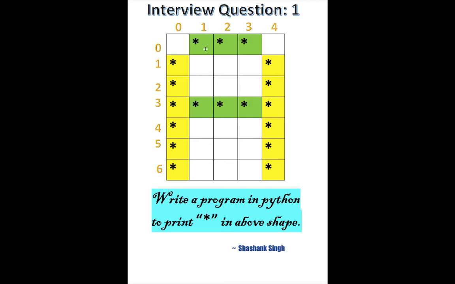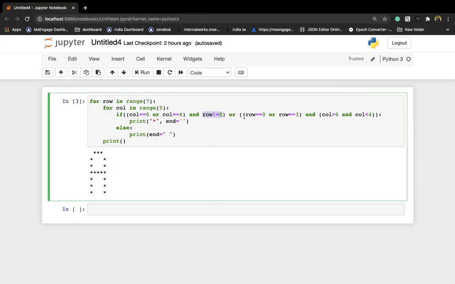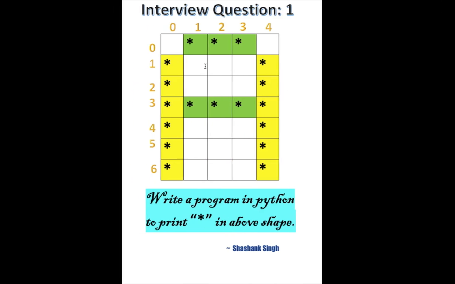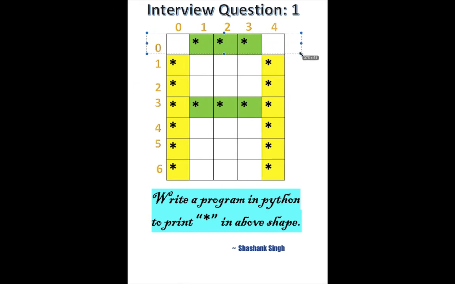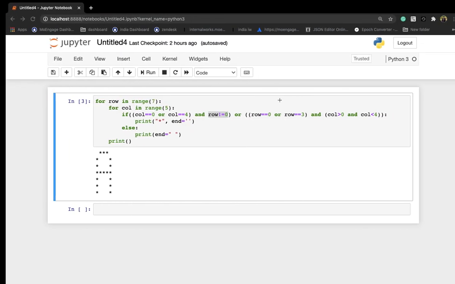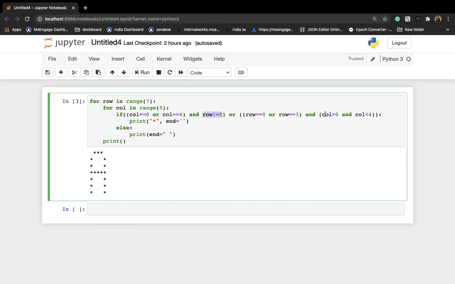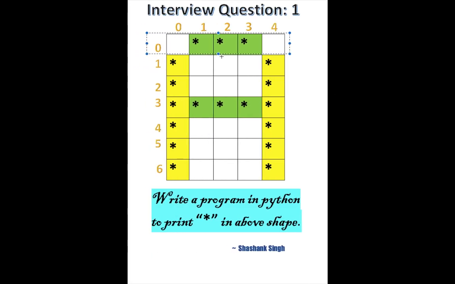If you write this, it will print up to here, and then row is equal to 0 and row is equal to 3, right? So it will print up to here, but we don't want stars in the 0th col and 4th col to print stars in green shade, right? So we are excluding this.